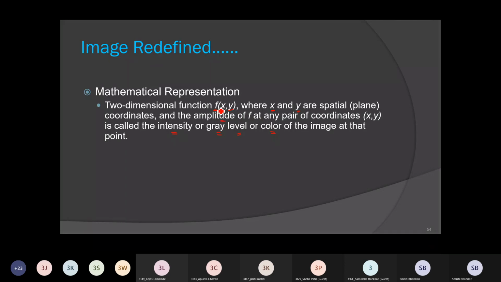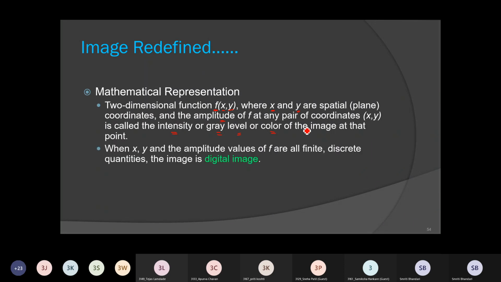So the amplitude of function f at any pair of coordinates x comma y is called the intensity or gray level or color of the image at that particular point, right?